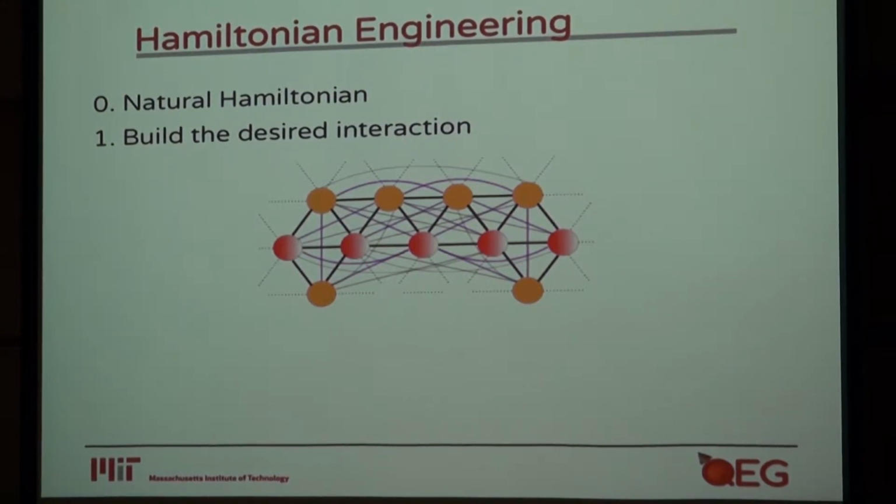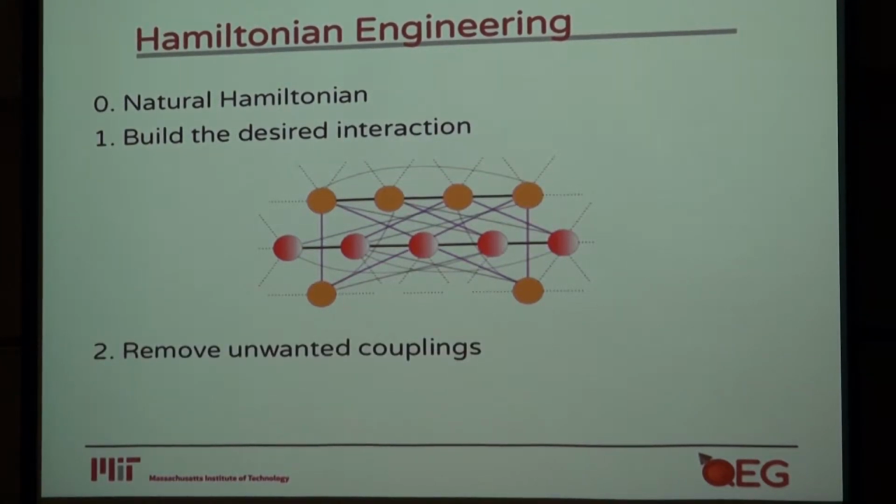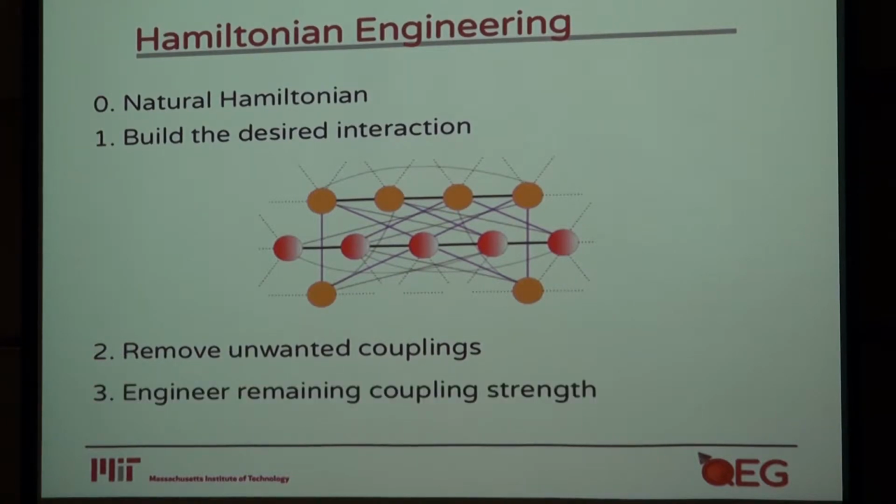Then you would like to remove any unwanted couplings. Our perfect transfer only happens if you have only nearest neighbor coupling. But of course, for dipolar coupling, you will also have coupling to all the other spins, so you would like to remove those. And then in the end, engineer the strength of the remaining couplings so that they give you this ideal optimal coupling strength, which in turn can achieve this perfect transfer.